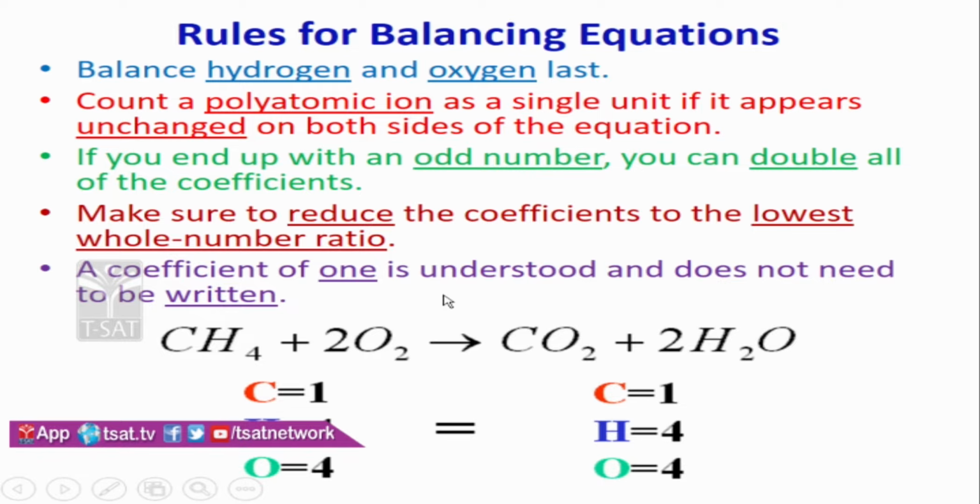Now, in this equation, methane CH4 combusts in the presence of oxygen to form carbon dioxide and water molecules. So, 2 oxygen molecules or 4 oxygen atoms are required for the complete combustion of methane in this equation.